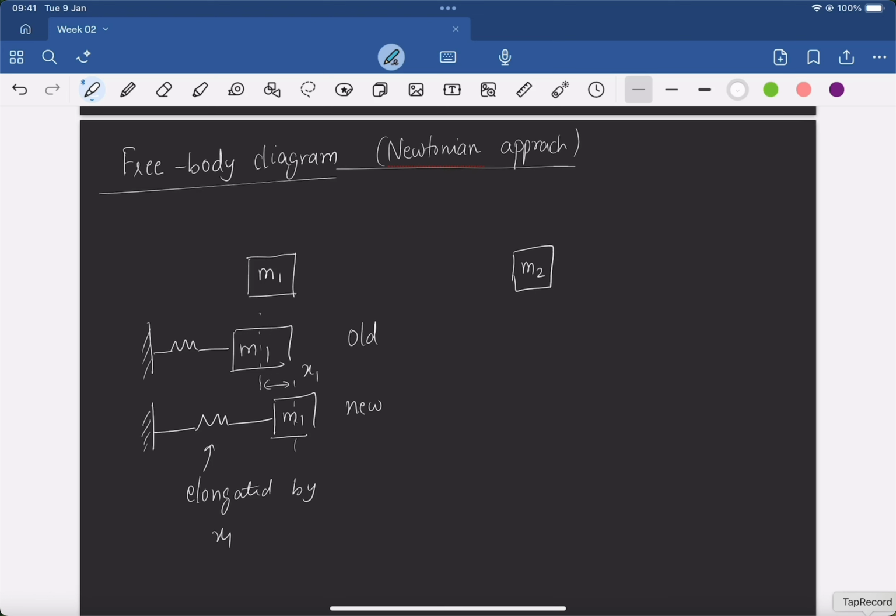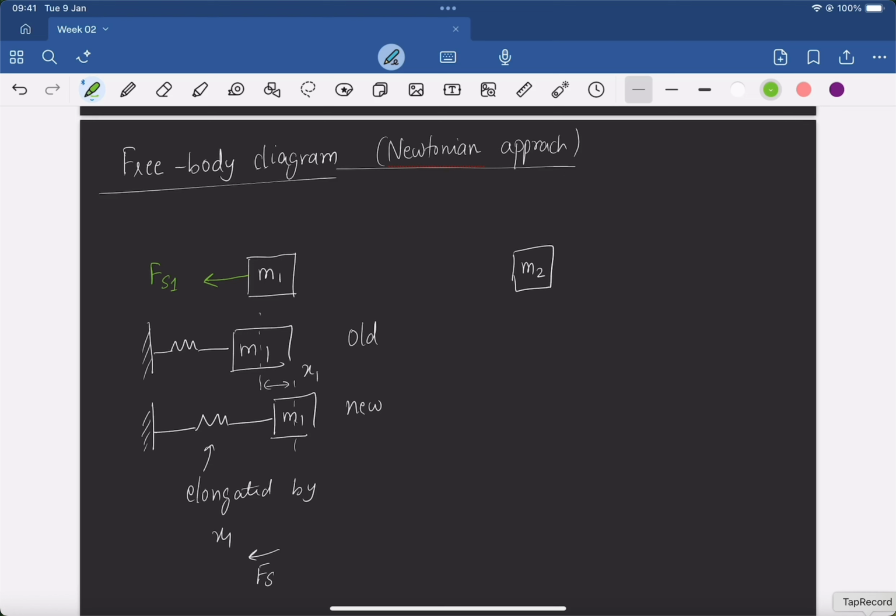Because it's elongated, it wants to come back to its original state. So I can think that the spring force is acting in this particular direction for the mass m1. Let's try to write these spring forces. I have spring force Fs1, the spring force because of spring 1, right?